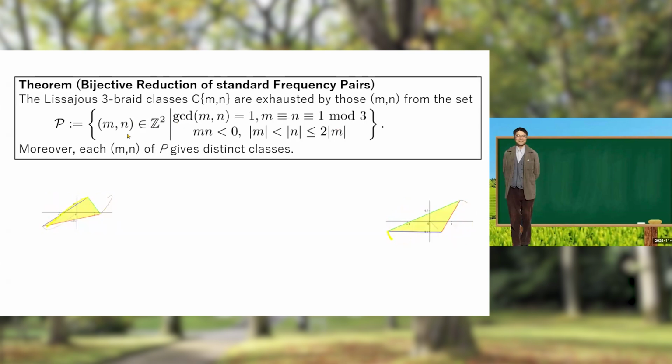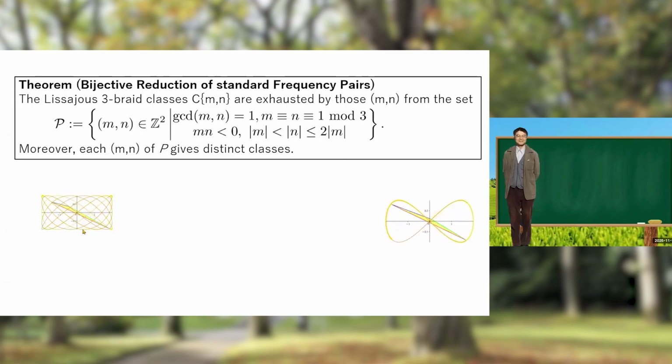Then these rather restricted pairs exhaust all Lissajous three-braid classes, and moreover, if m and n are inside this calligraphic P, then different pairs give distinct classes. This makes our problem simpler than before.